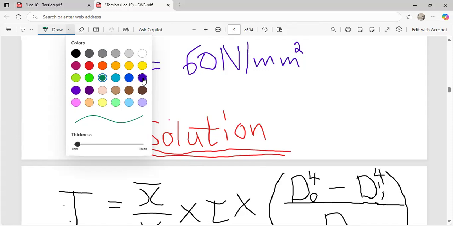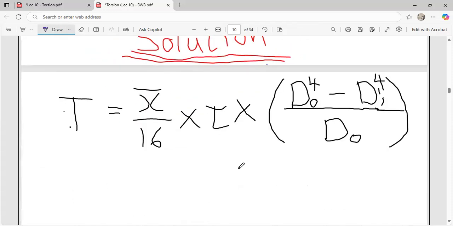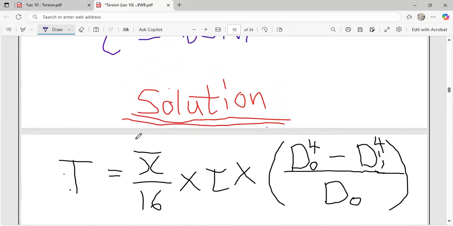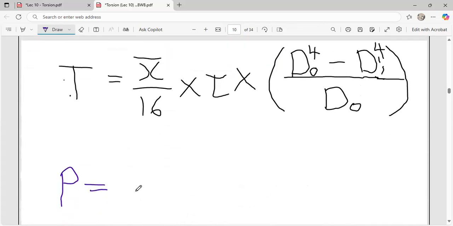In the third formula I told you to write, you realize that we also said that our power P is equal to angular speed times the torque.